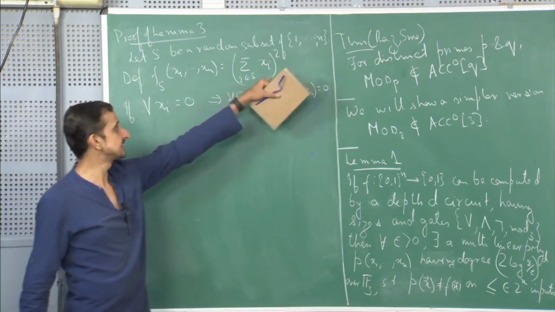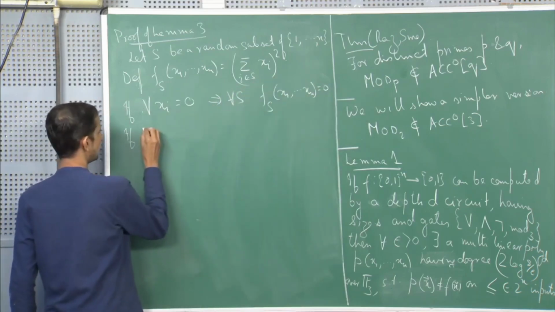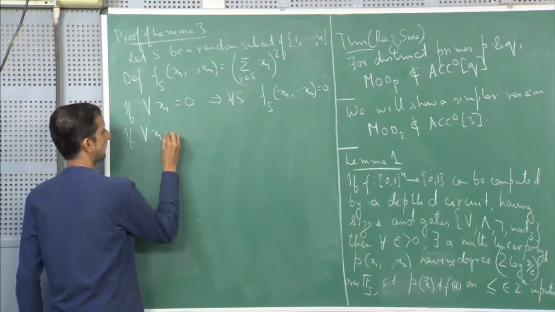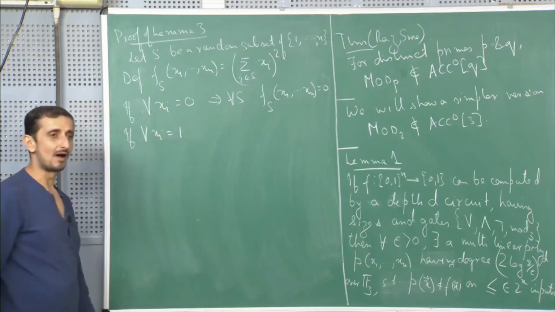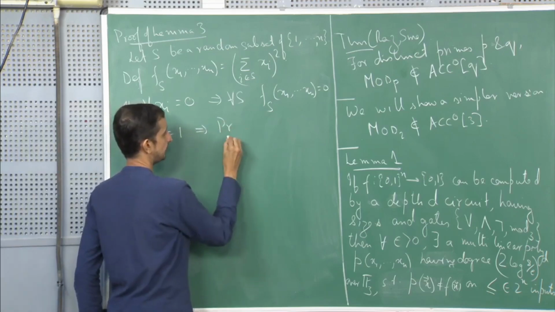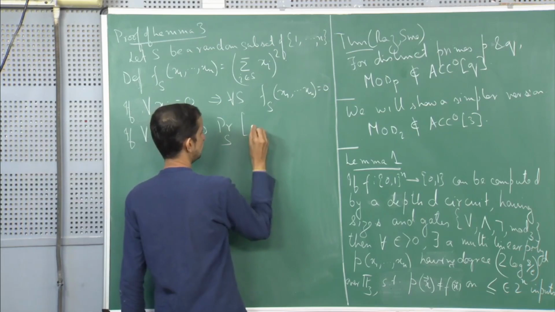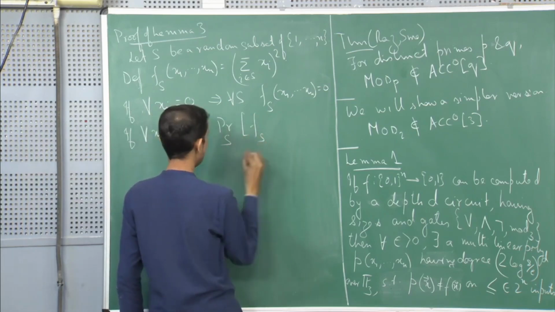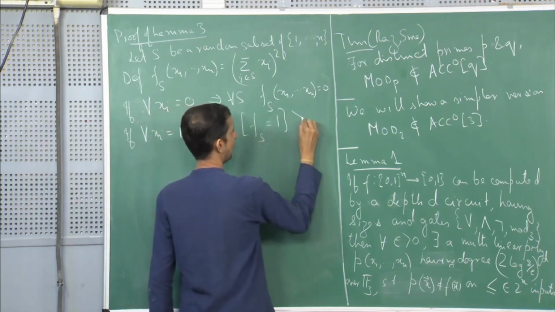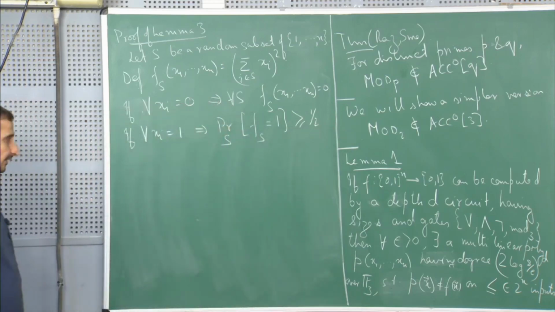If the OR is 0, all these x_i's are 0, therefore by definition this is 0. Now, if the OR of x_i's is equal to 1, then what we will prove is that for a randomly chosen S, the probability that f of S is equal to 1 is at least half.